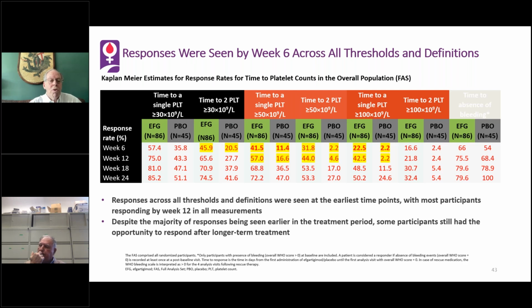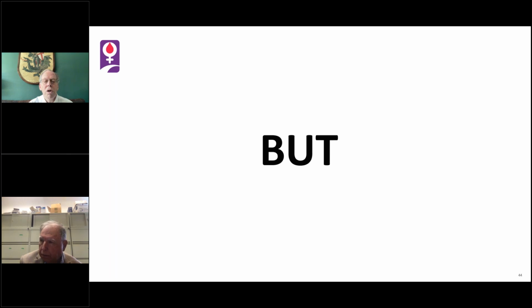And for example, there was faster time to 2 platelets greater than 30, count greater than 50, 2 counts greater than 50, greater than 100, etc. Again, emphasizing the efficacy of the treatment.